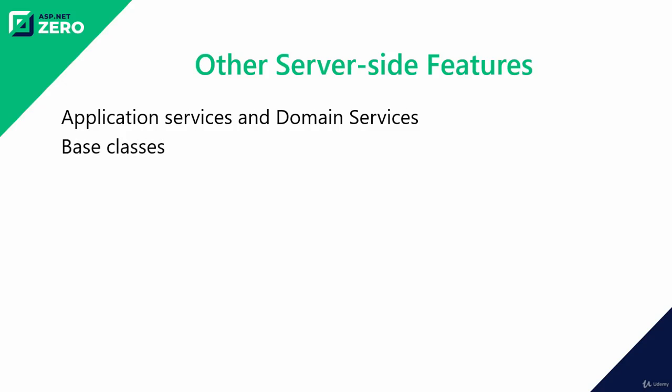ASP.NET Zero also contains a lot of base classes that we can use while building our applications with the framework. For example, when we will be building an application service, we can inherit from the app service base class. And since we are working with APIs, we'll need to ensure that the calls from the client to the API can be authenticated. A typical way to do this is using tokens issued by the server.